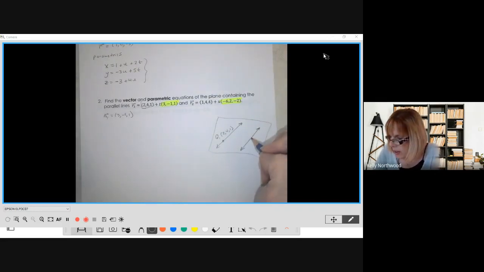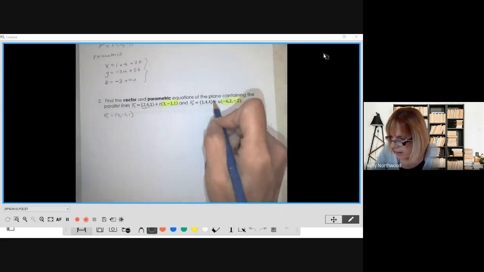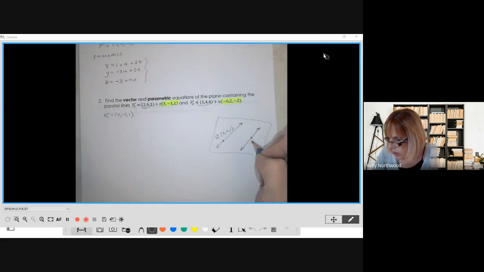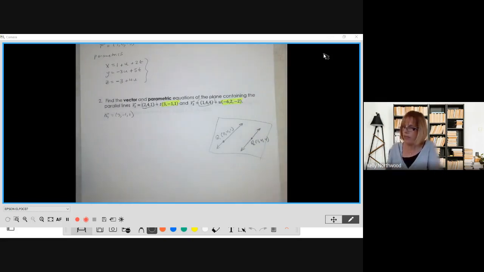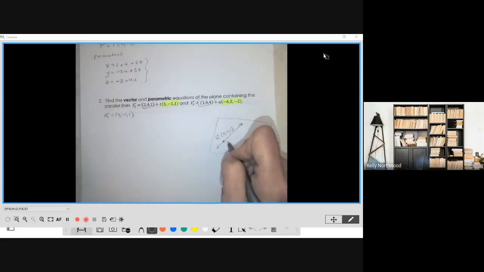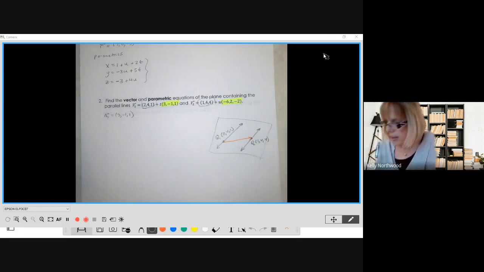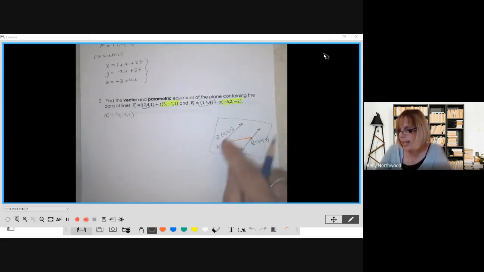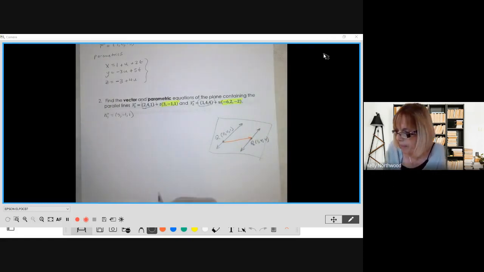And we know a point on this line, which I'll call Q2, is 1, 4, 4. And if I make a vector from Q1 to Q2, that's going to give me a second direction vector, a second vector that's in the plane that's different from M1, hopefully. Okay? Well, it is because these are parallel, not the same line.